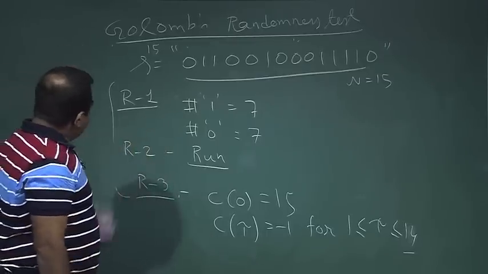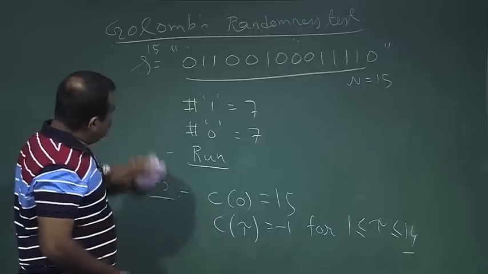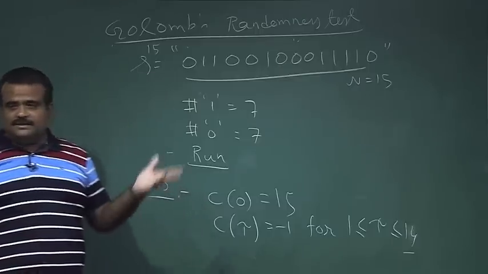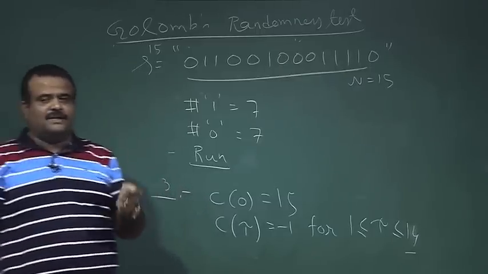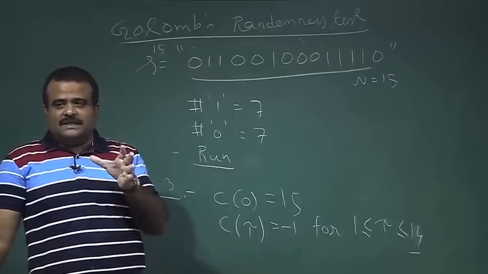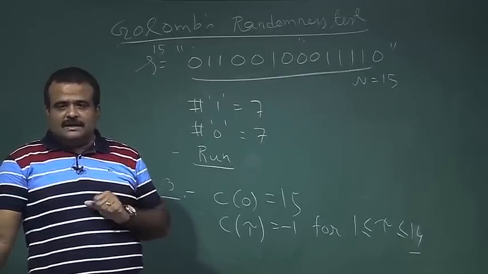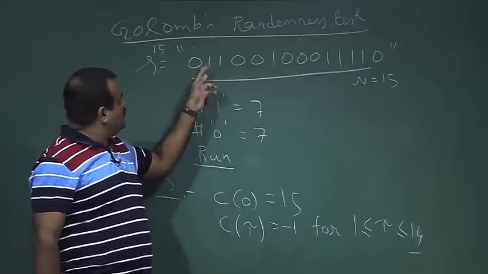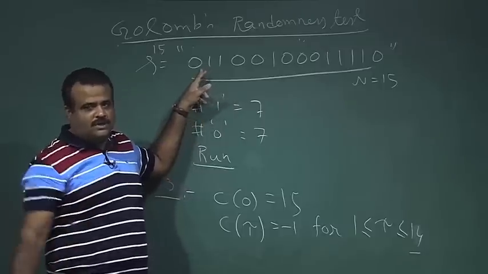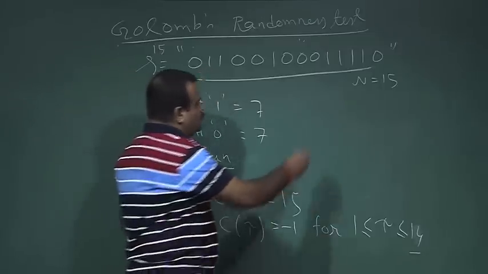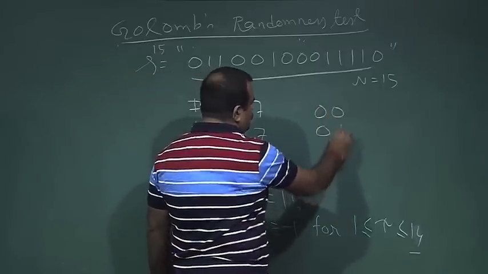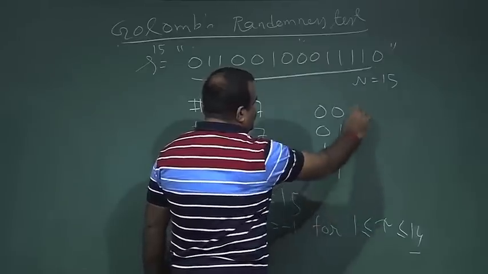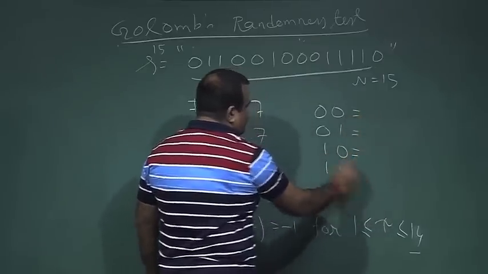This is the Golomb test, but there may be other tests, which are basically necessary conditions a truly random sequence should have. Here we counted the number of zeros and ones. We can also count the number of the bit pairs 00, 01, 10, 11. We count their numbers and they must be similar.